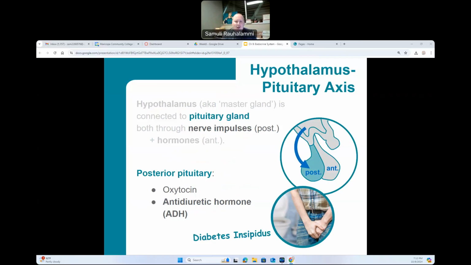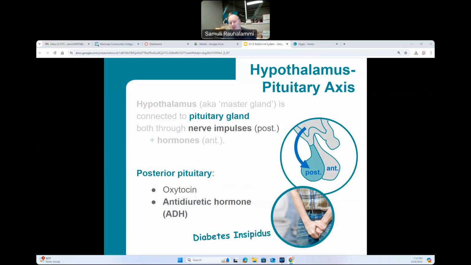This brings us to our first clinical example. Let's consider a clinical example of diabetes insipidus. Notice that this is very different from type 1 or type 2 diabetes mellitus. Here, the problem is with antidiuretic hormone, ADH. The body does not make enough ADH or does not respond to it.